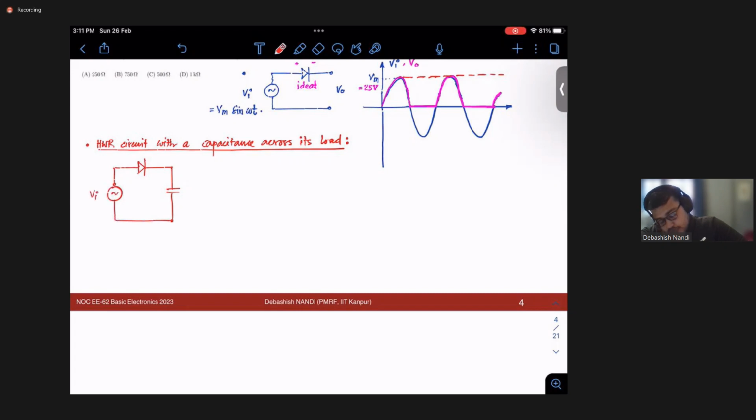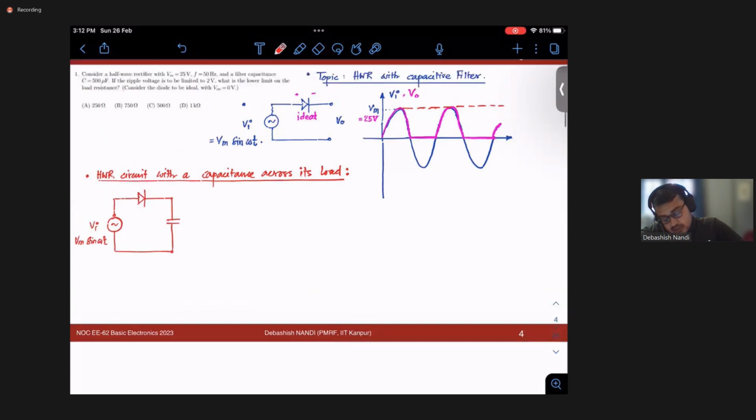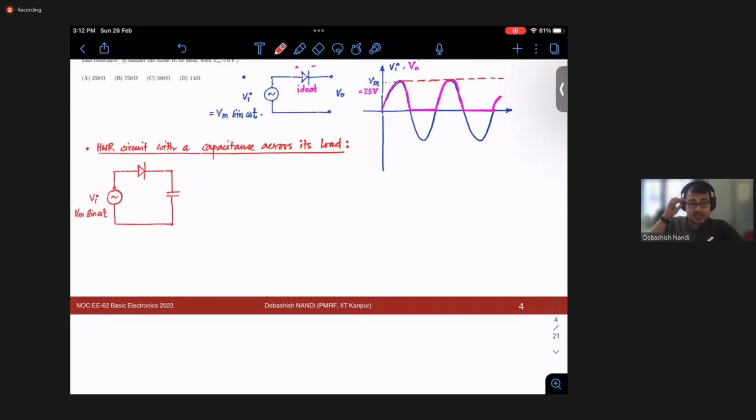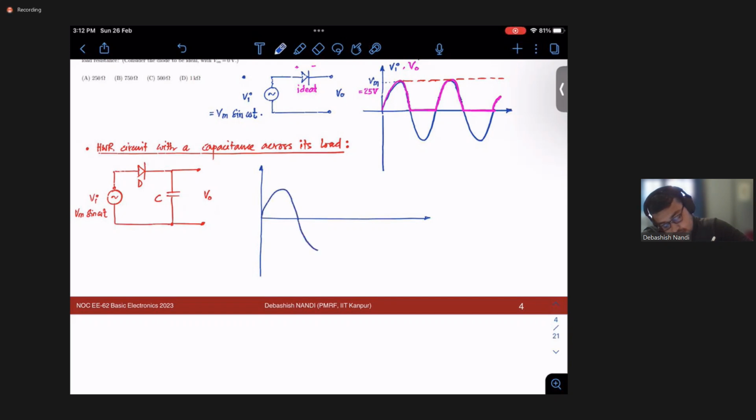So this is your input voltage, Vm sine omega t, or it may be cos omega t. It's just a phase shift. And you have a capacitance here, you have an ideal diode, and this is your output voltage, V out. So how will this look like? Again, if you draw your signals, let's say this is your input signal.